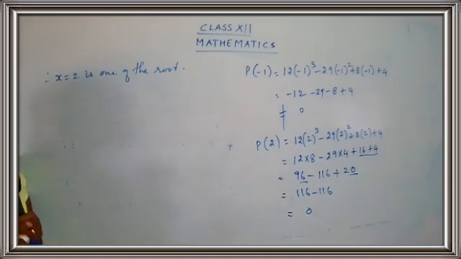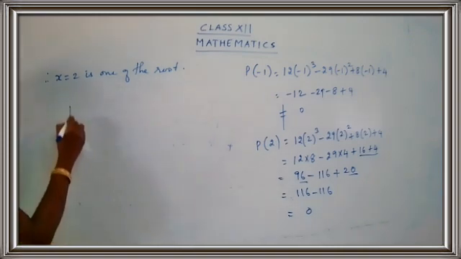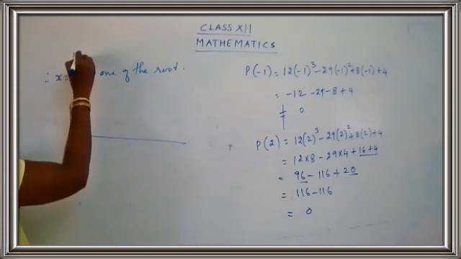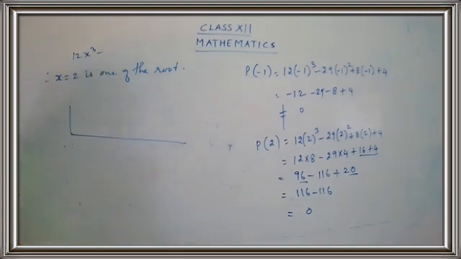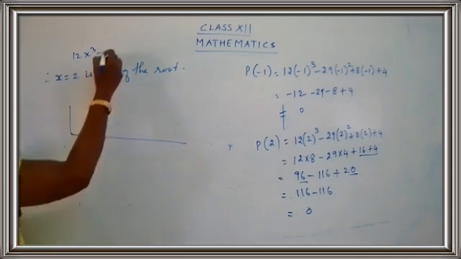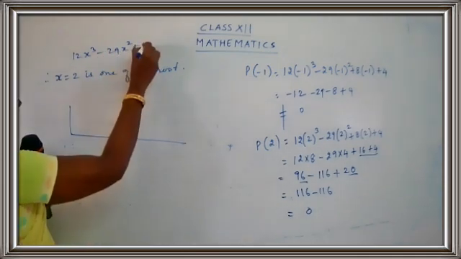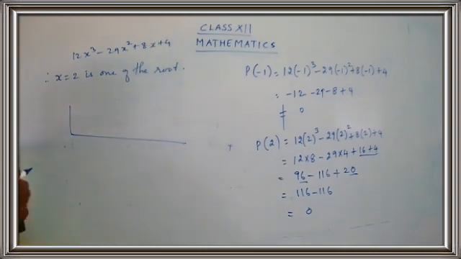So now we are going to use the synthetic division method and we are going to find out the remaining factors. I am going to just write the coefficients of the polynomial. What is the coefficient of the polynomial? The polynomial was 12x cube minus 29x square plus 8x plus 4. Yes, children, this was the equation.